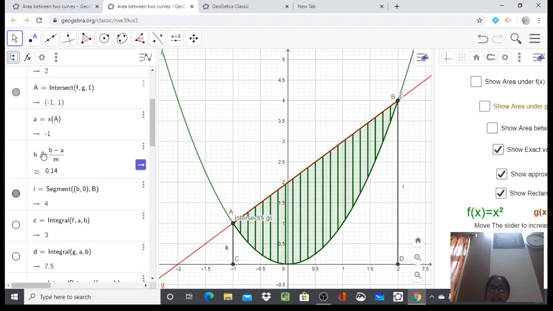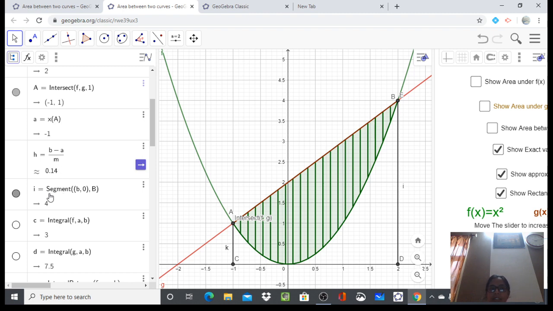So I have taken the total length of the interval, that is B minus A, final point B and initial point A. We divide the whole interval length B minus A by the total number of rectangles, so we can get the step length. This means H is the step length.